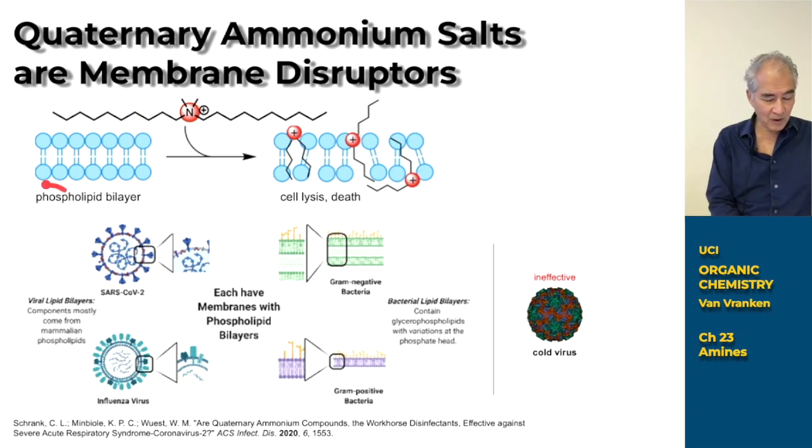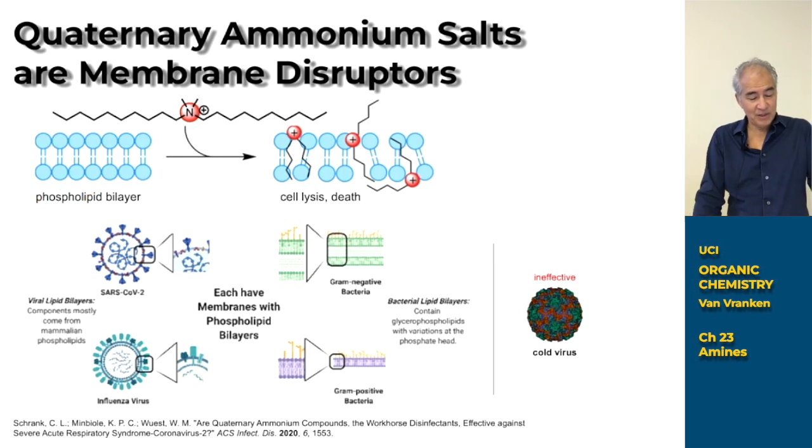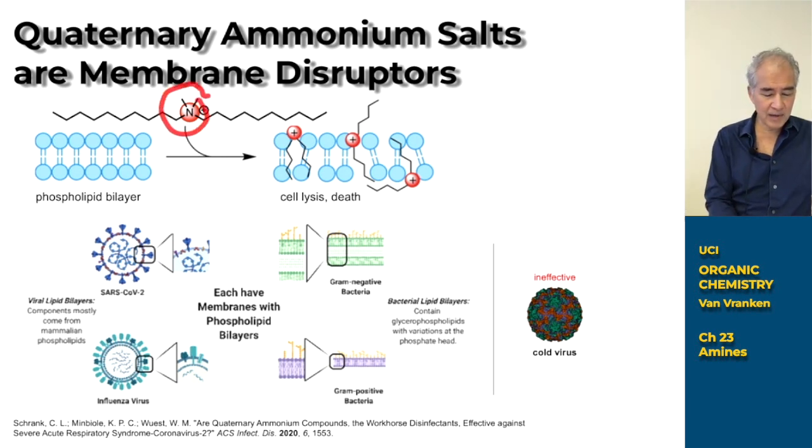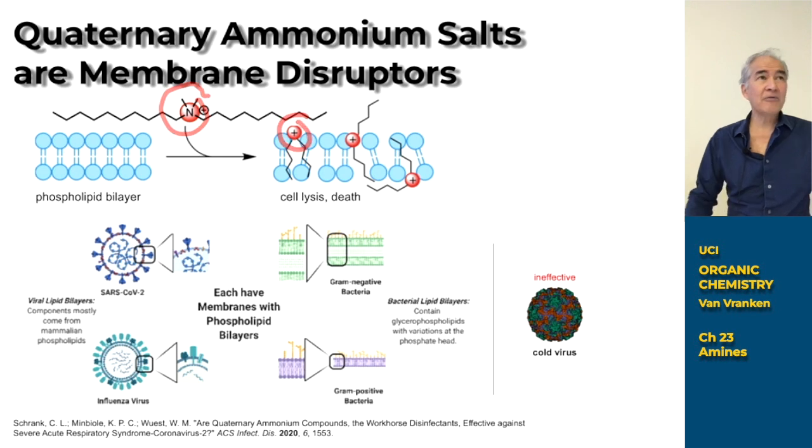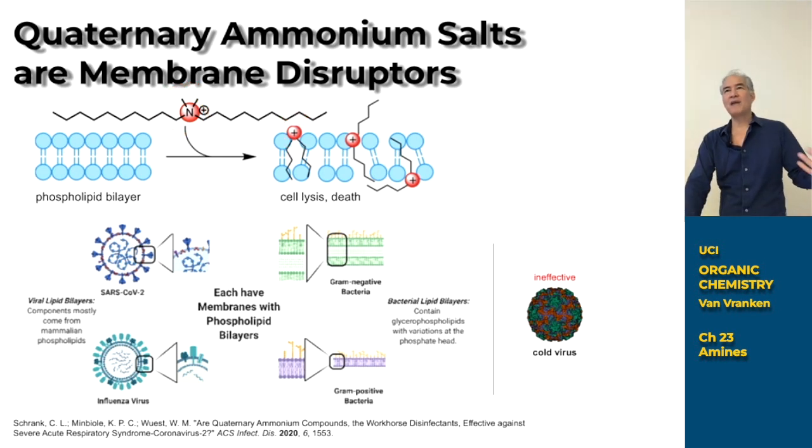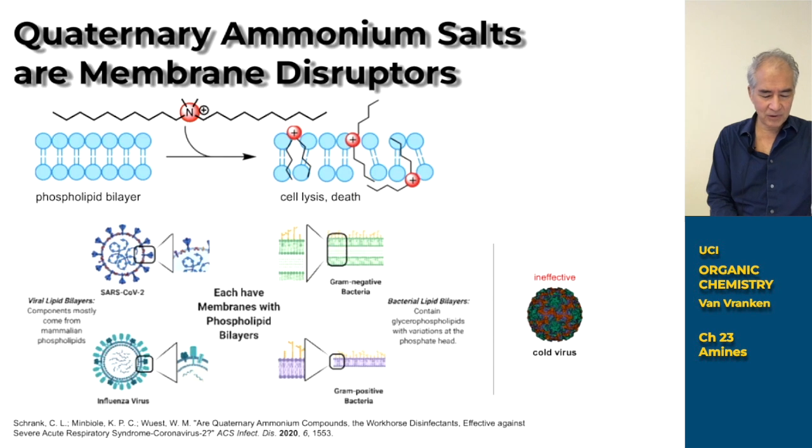You know that phospholipid bilayers, I would guess you would know from some classes you've taken in biochemistry, that phospholipids have a negatively charged phosphate group on there. And so these quaternary ammonium compounds just love to hang out near that negatively charged phosphate carpet on phospholipid bilayers.